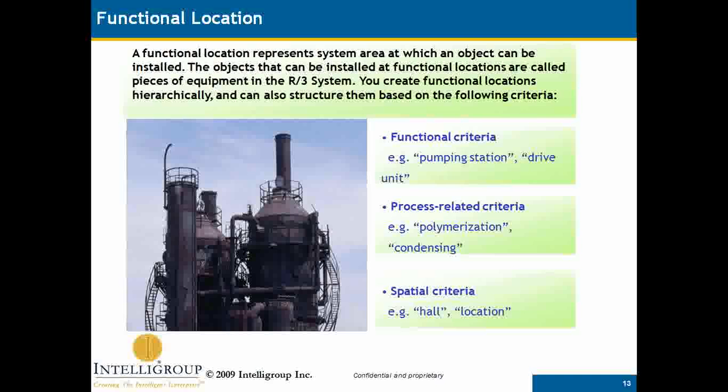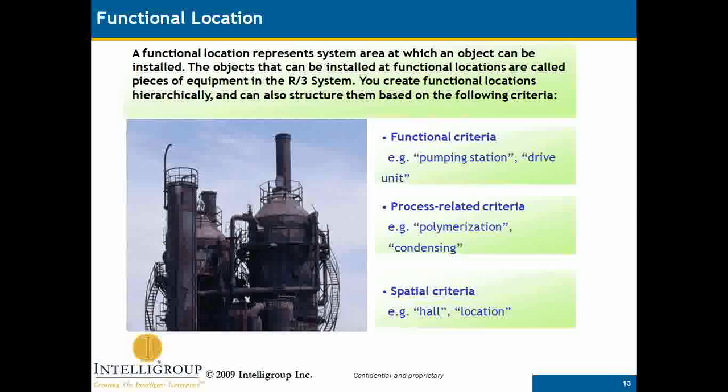Maybe it's a hall or location or plant wise. I told you, process wise: polymerization, condensing, or the water treatment area, based on the business needs, you can define this. So functional location is a place, the physical location.